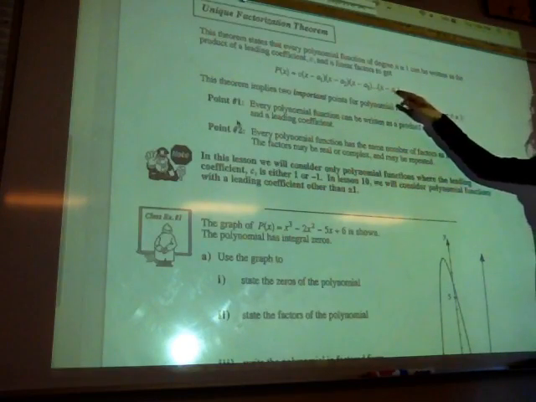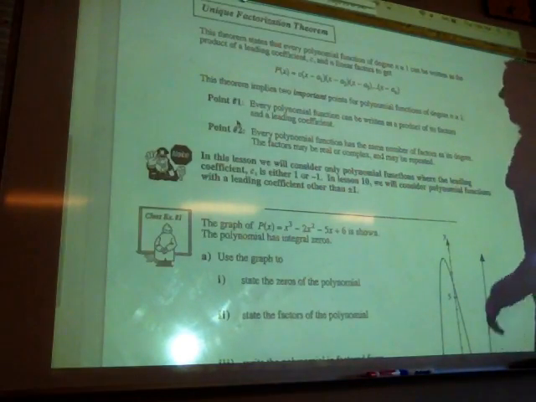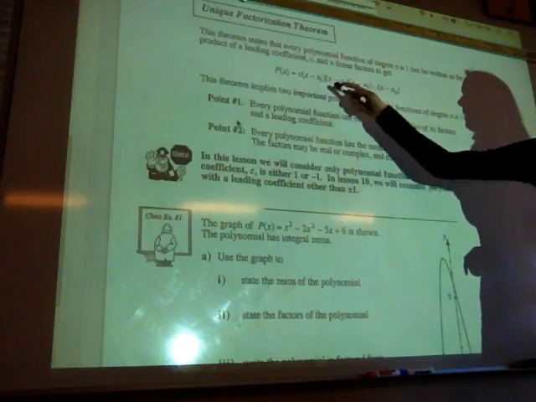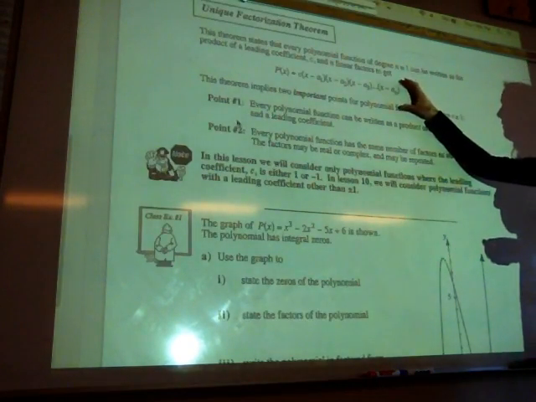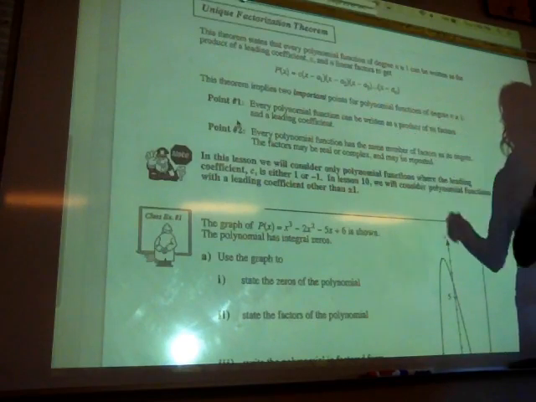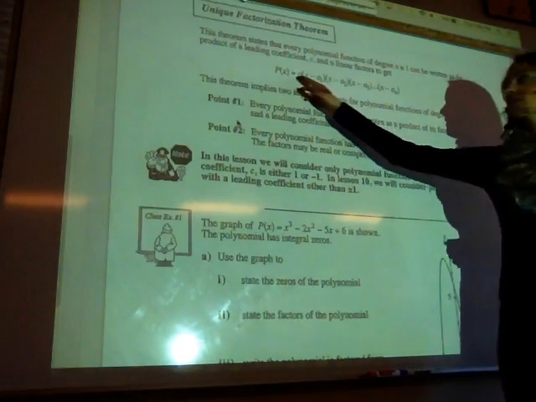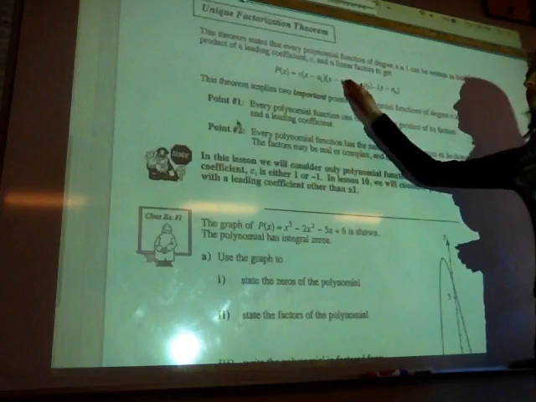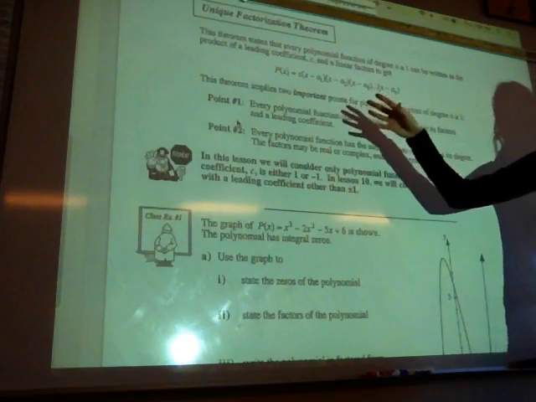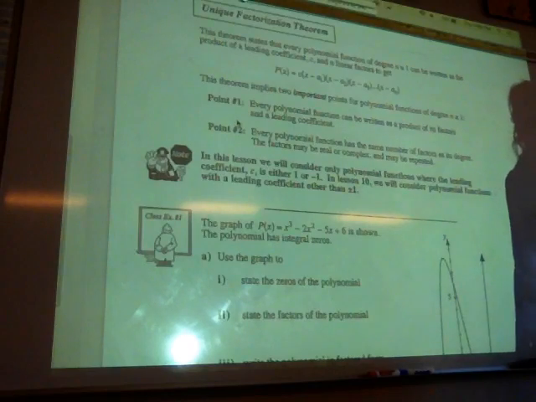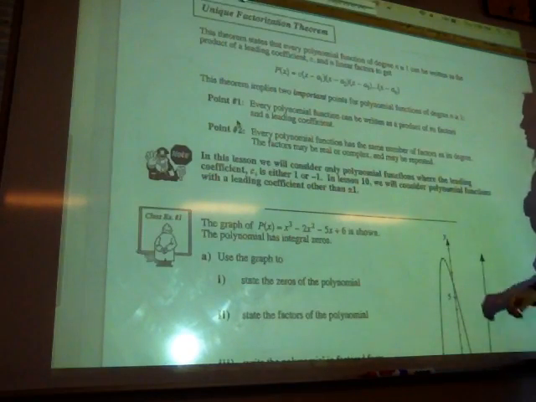These numbers will be dependent on the original polynomial that we start with. This is just the basic form of what a polynomial looks like when it's factored. You're going to have a coefficient out front, and then a list of factors where the number inside helps us determine the zero or the x-intercept or the root of that polynomial.